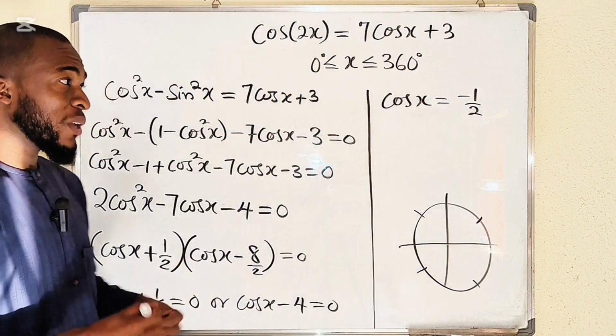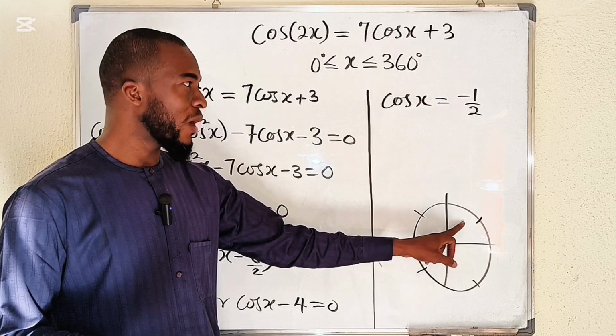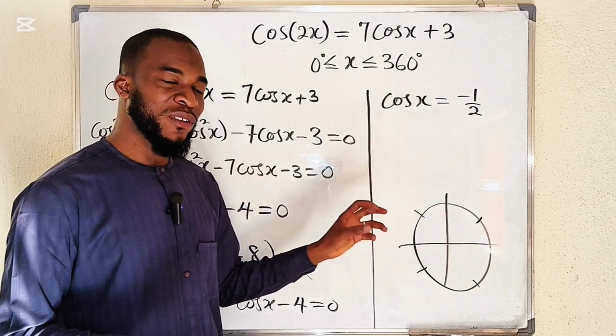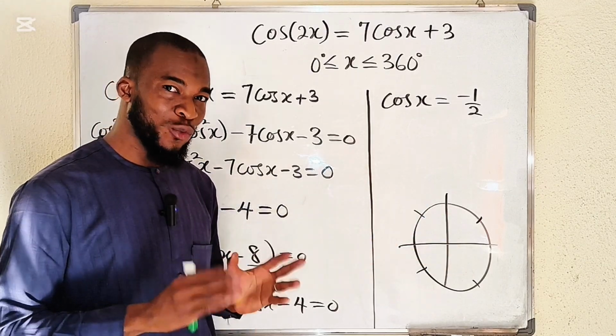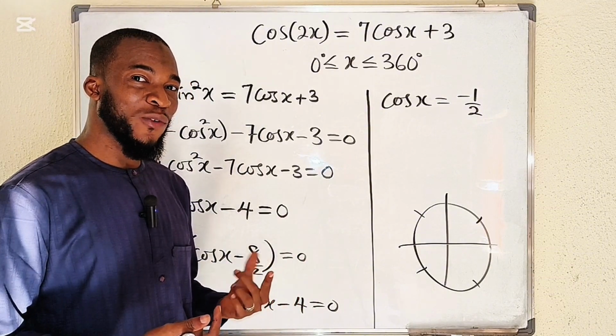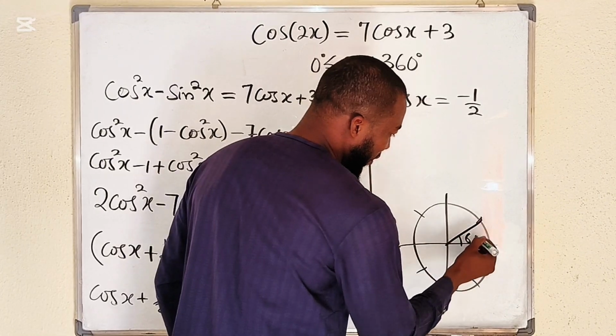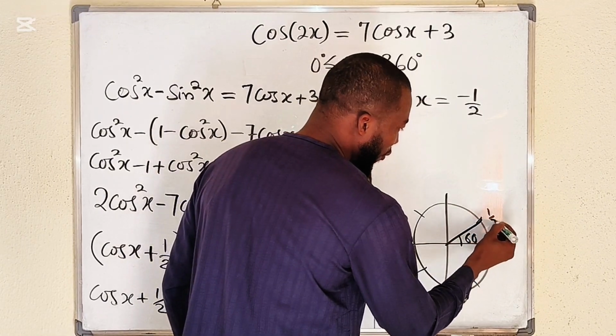So if we assume, because this is a special angle, that we are in the first quadrant where cosine is positive, then cosine of that angle will be positive 1/2. And cosine of what angle is positive 1/2? It is 60 degrees. So if you are at 60 degrees, you have cosine to be 1/2.